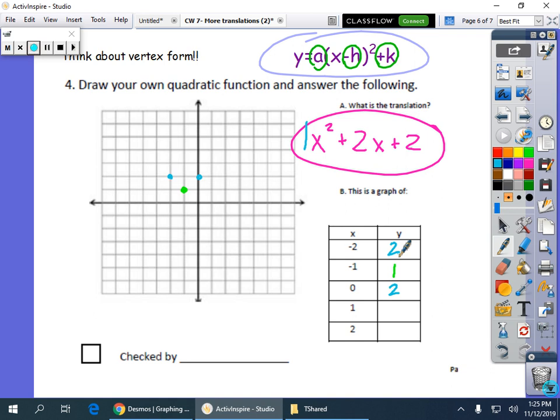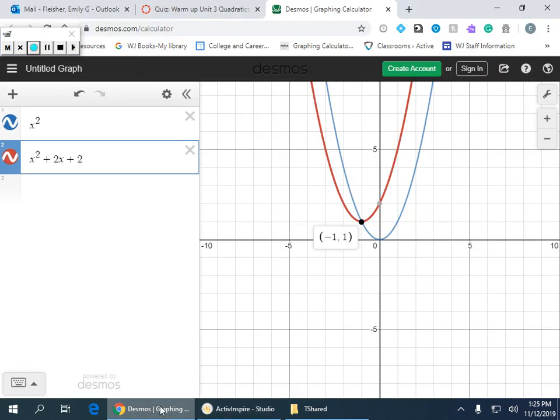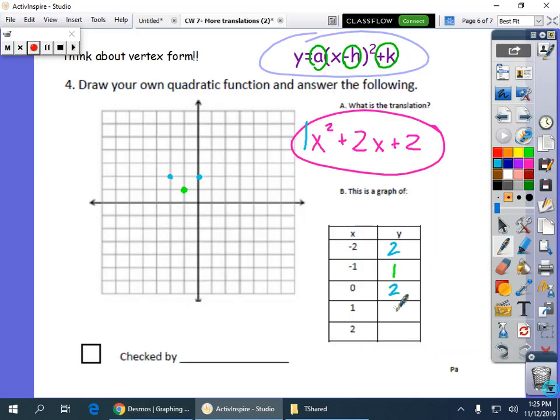Now to figure out what is at 1 and 2, if I go over here to the left, it looks like it's right here at 5. So that means at negative 3, it's also at 5. And you need to make sure that you are graphing 5 points, unless you absolutely can't.